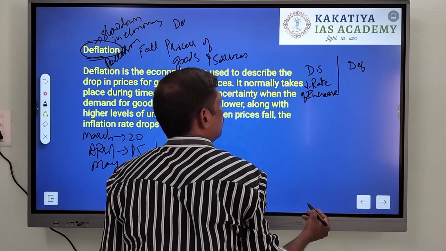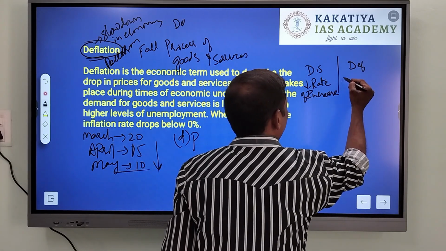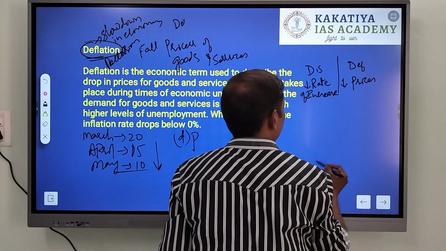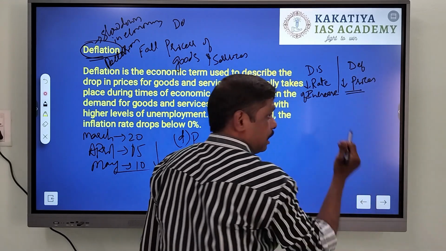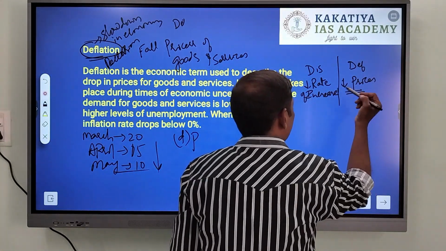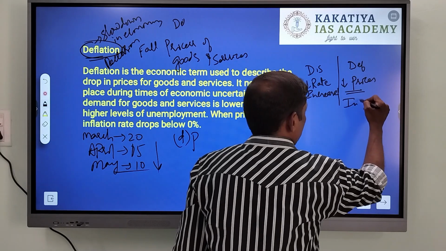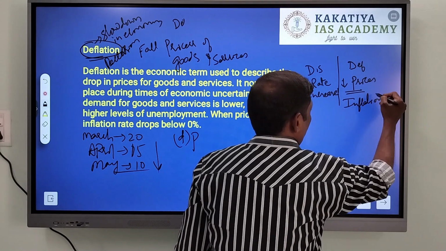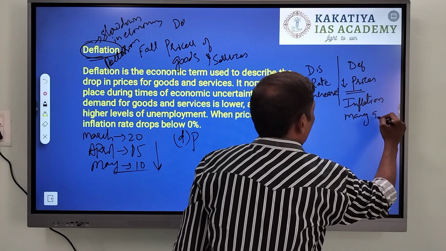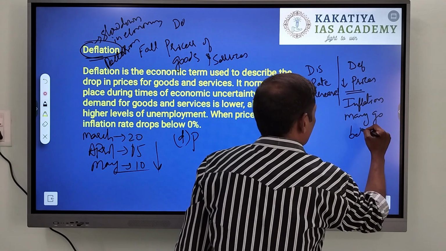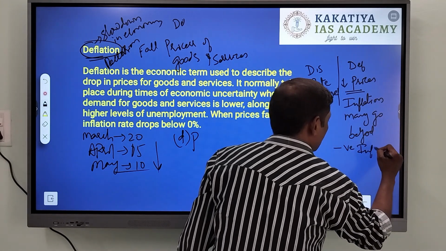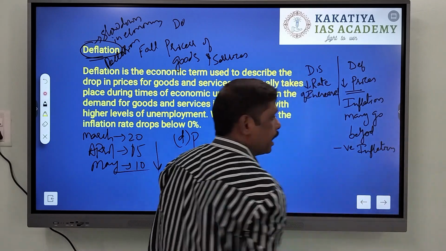Whereas deflation is a decrease in the prices, a continuous fall in the prices. With deflation, inflation may go beyond zero. That means there can be a negative inflation.